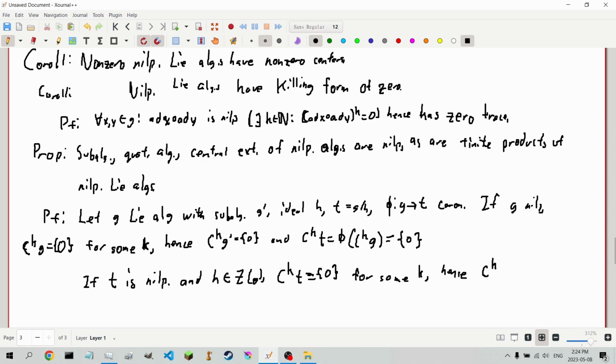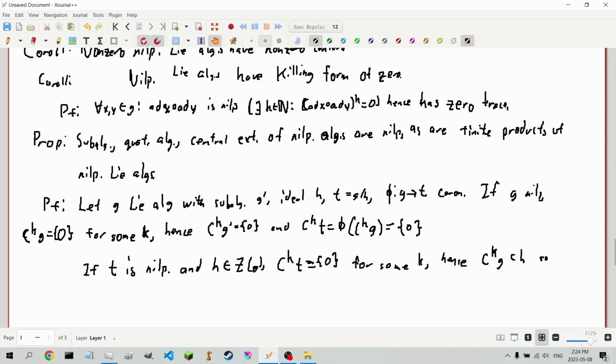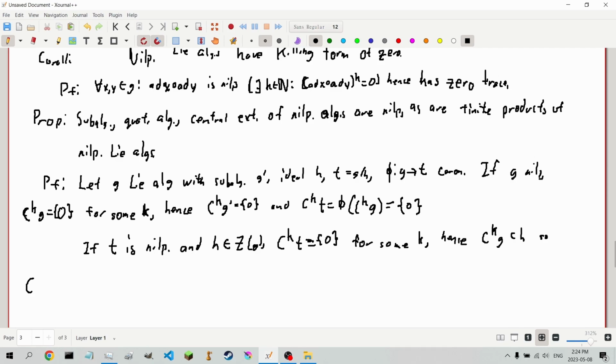Hence, C^k of G is in H, so C^(k+1) of G is contained within the bracket of H and G. Since H is in the center, this is just 0.